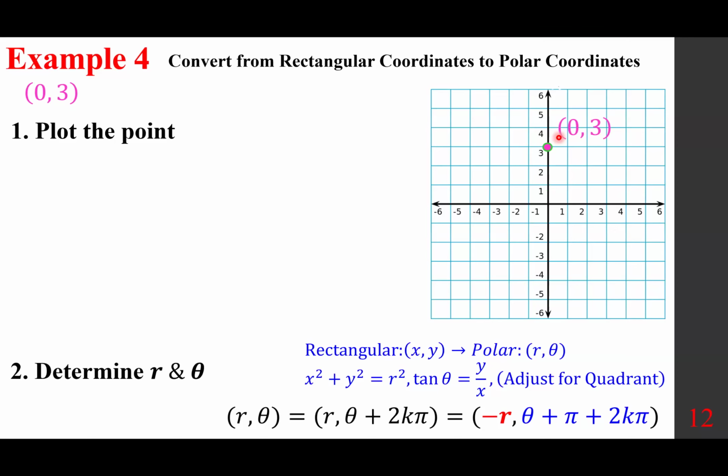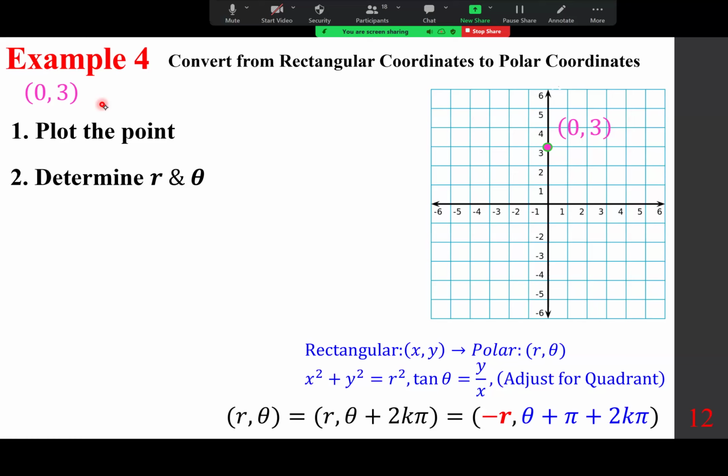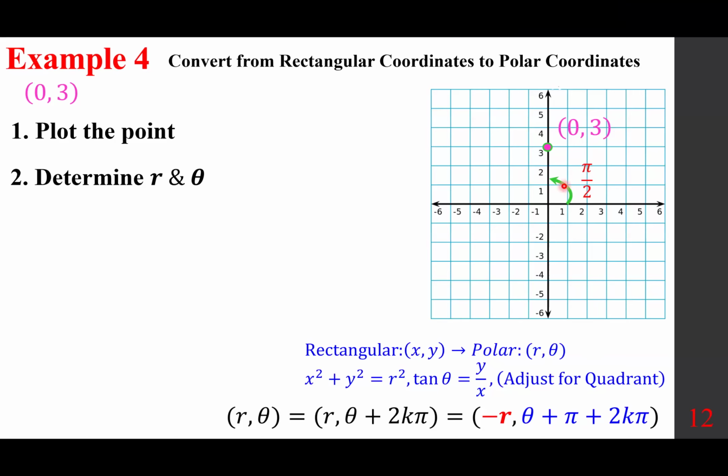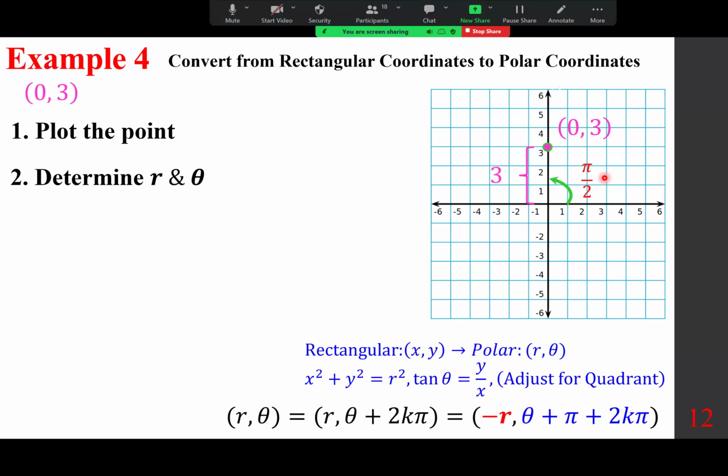Determine r and theta, because we want to go from rectangular to polar. Here's the theta, pi over 2. Here's r, number 3. So you write down r is 3, theta is pi over 2. That's pretty straightforward.